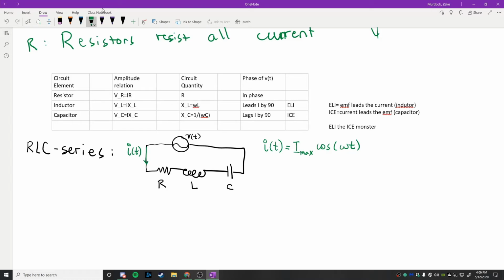The way to analyze what's happening here is to realize that if I want to find the voltage across each of my elements, by measuring what their voltages are, I would connect up a voltmeter right here, and this voltmeter is going to read out V sub R. If I connect a voltmeter between here and here, this voltmeter is going to read out V sub L.